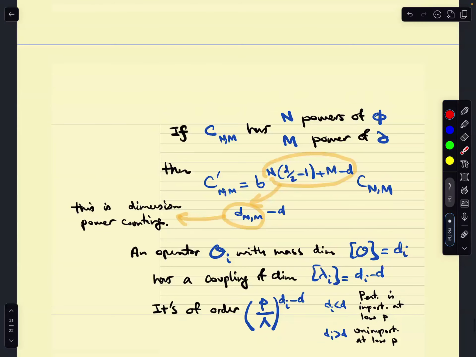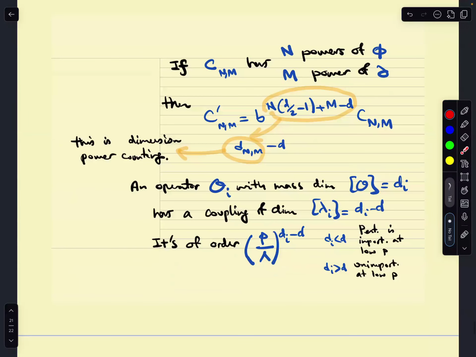So in summary, what did we do today? We started with the Euclidean path integral, or the generating functional of quantum field theory. We said that we're going to view this as some sort of perturbation theory around the massless free theory. The massless free theory is going to be a fixed point of renormalization.